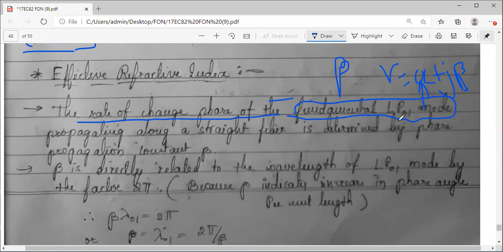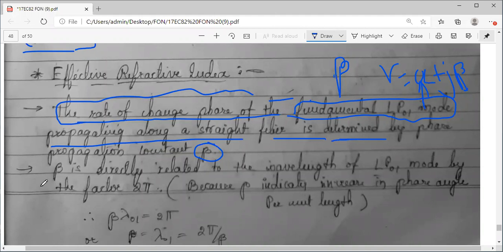Remember? So the change of phase in the fundamental LP01 mode, with the mode propagating along a straight line, we can determine by means of the beta term. Whenever a ray propagates and the LP mode is created, at what rate its phase changes, we can determine using this propagation constant beta.